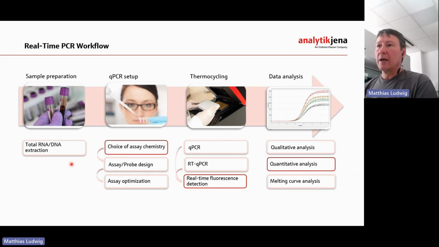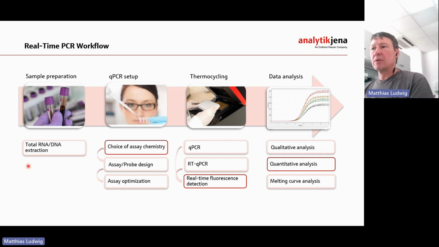And it's also good to have a very clean sample without inhibitors, because this can have an effect on your data analysis. You can get false negative results, for example. Keep in mind that the bottleneck is in principle the sample preparation.